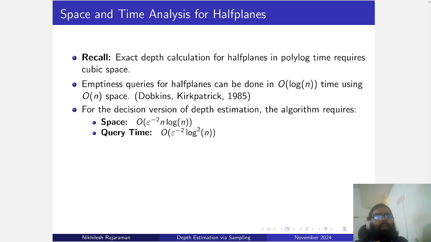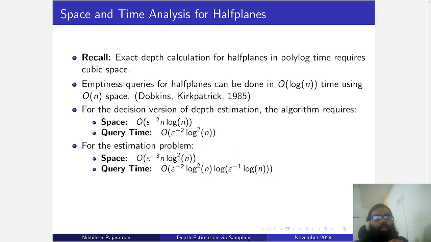In the same way, in terms of query time, we need log n time to answer a single emptiness query. For any input range, our algorithm is going to make m different emptiness queries, where m is again log n by epsilon squared, and this contributes to the runtime. So the query time is something like log n times log n by epsilon squared, which is basically order log squared n, as we see over here. So these are the guarantees for the decision problem.